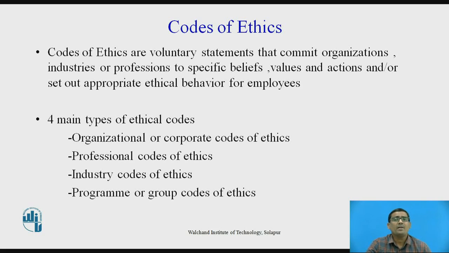Commitment means I understand that I will be doing it. Willing commitment also focuses on the willingness of the organization to follow whatever statements they have arrived at. Codes of ethics can be at the organizational level, the industry level, or the professional level, committing to specific beliefs, values, and actions.